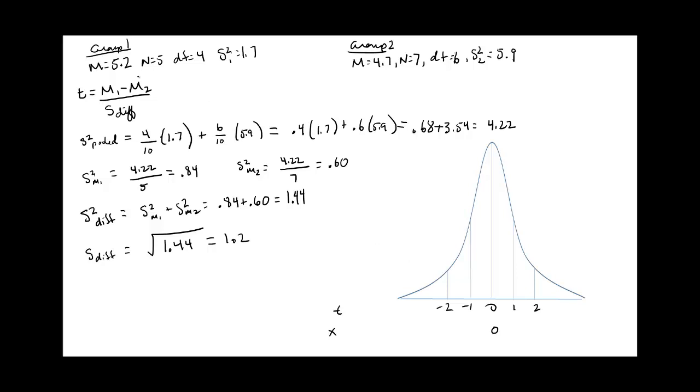So the mean difference we expect to be 0 if the null hypothesis is true. The spread of this distribution of means is equal to this S difference character of 1.2. So 1.2, 2.4, and then -1.2 and -2.4. So if the difference between our means is somewhere on this curve that constitutes a cutoff, then we will reject the null hypothesis. Otherwise, we fail to reject the null hypothesis.